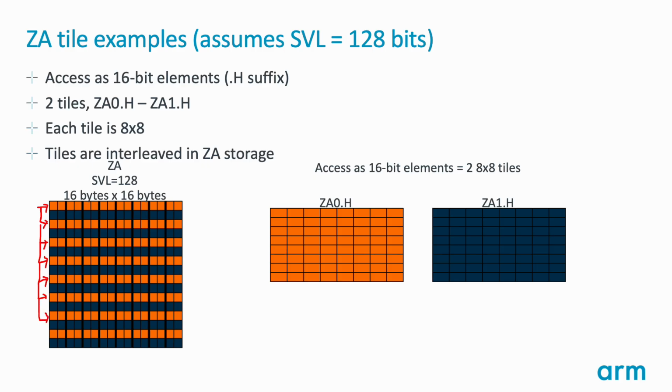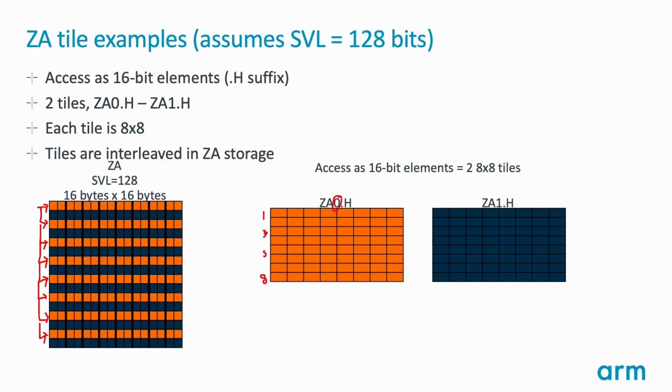Both are square tiles. Tile 0 is formed by the alternate rows starting from row 0. There are 8: 1, 2, 3, 4, 5, 6, 7, 8. So these 8 rows constitute tile 0, or referred to as ZDA 0.